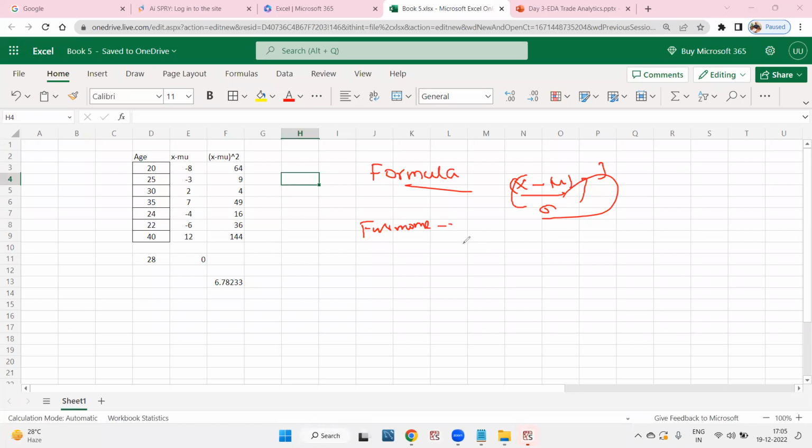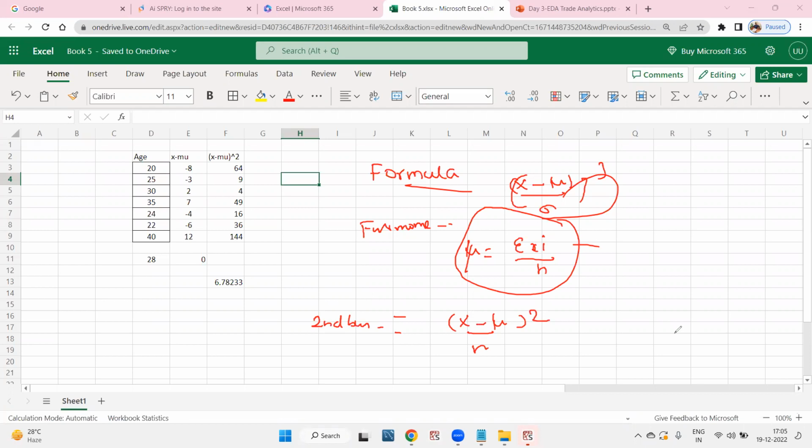What is the formula for the first moment? Mu equals sigma xi divided by n. In the second moment business decision, we use the first moment, so x minus mu and whole square.